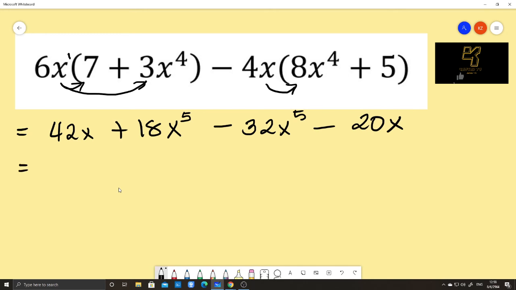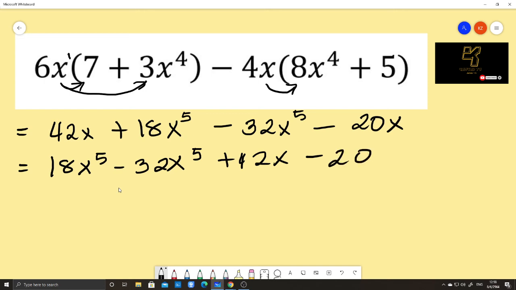Let us rewrite or regroup. Start with the highest exponent. So we have 18x power of 5 minus 32x power of 5. What's next? Plus 42x minus 20x.